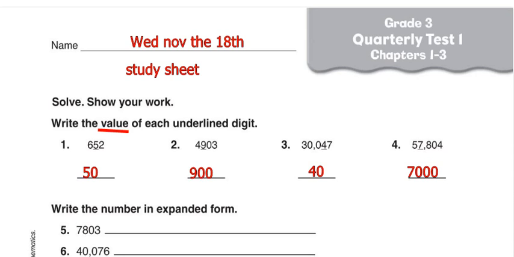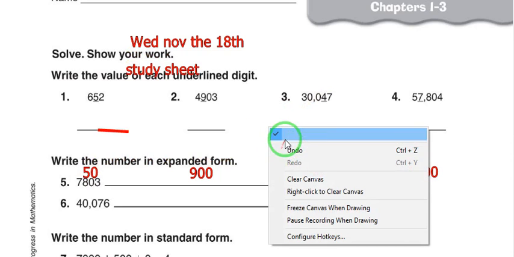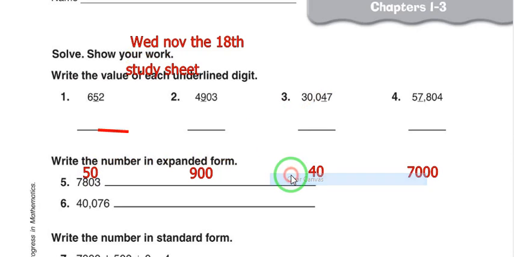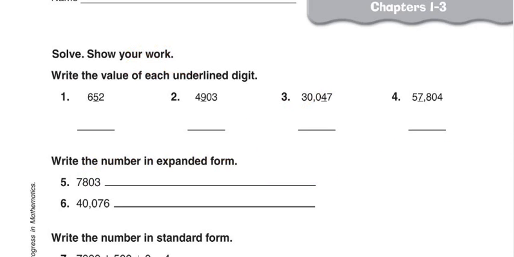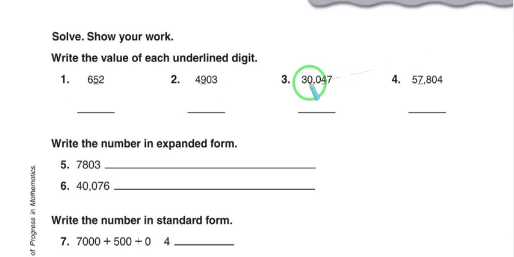Now let's check question number 2. Write the number in expanded form. So you have to know that in your second assessment you will face a question like this one, another question like this one.